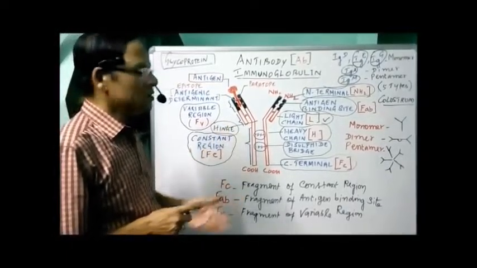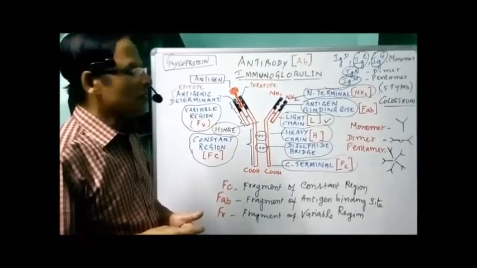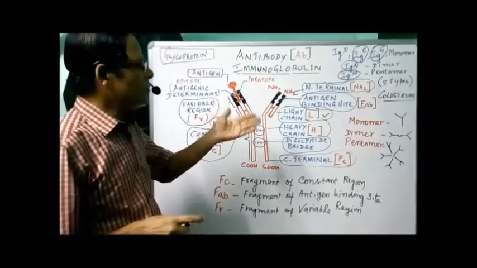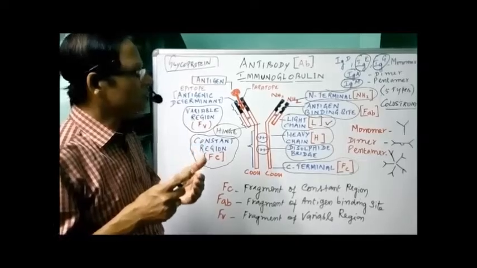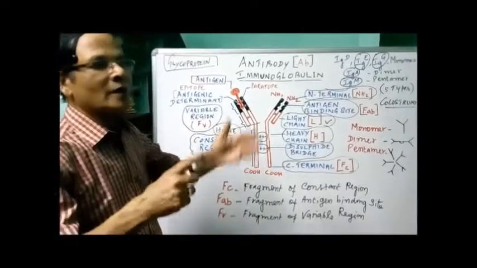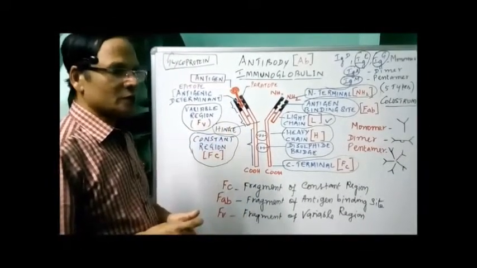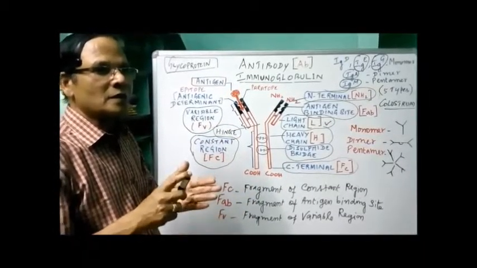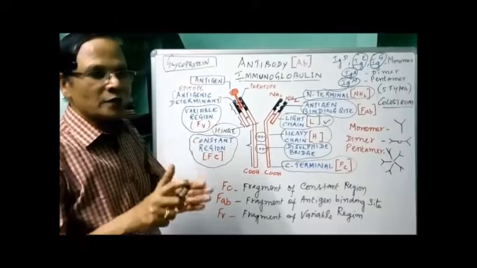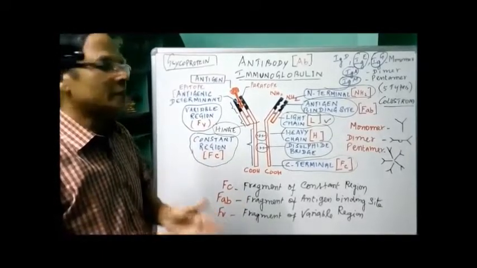This long stem, the constant region, determines the antibody class, and has common characters and serves common functions for all antibodies. But the variable regions exhibit different functions because they have to fit different antigenic determinants of antigens.